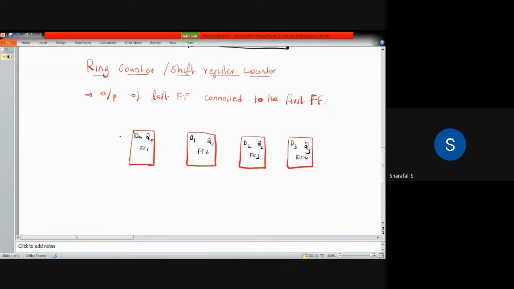And as we said, the output of the last flip flop is connected to the first flip flop. So in a shift register, we do not have this connection, because we just had to shift the data from left to right or right to left. So we don't need this connection from the last flip flop to the first one.